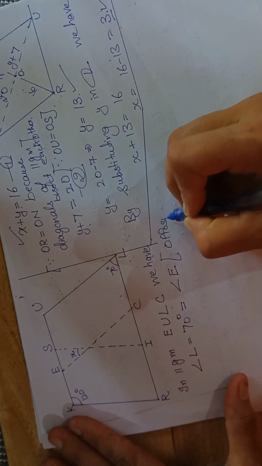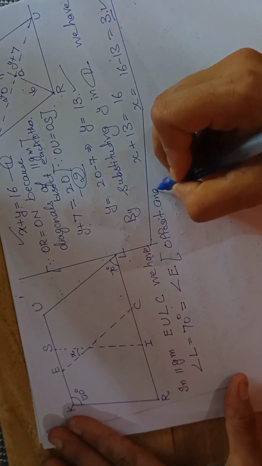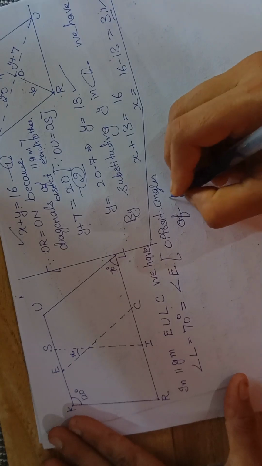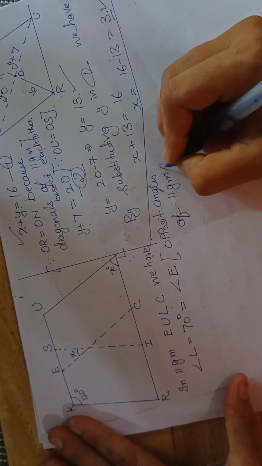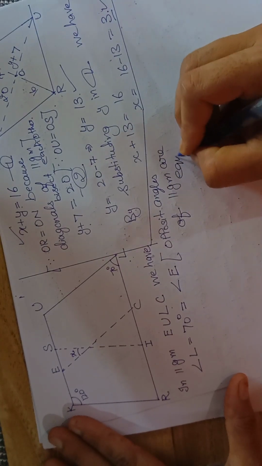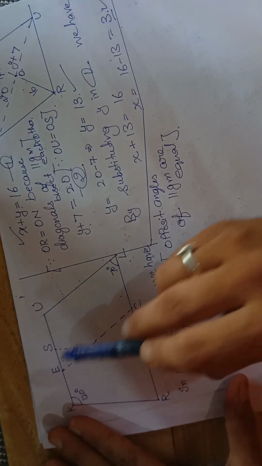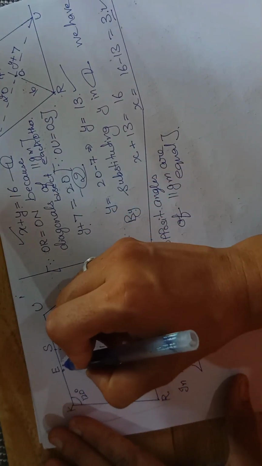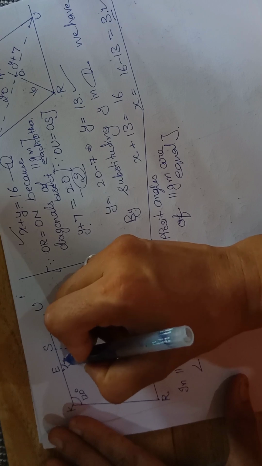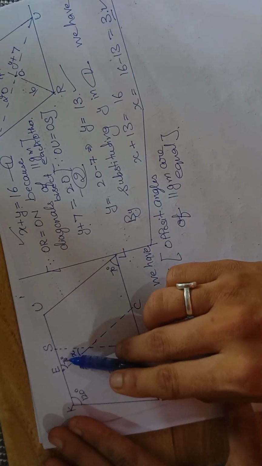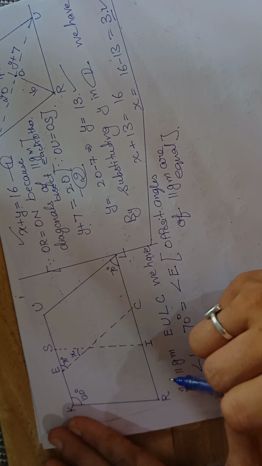Opposite angles of a parallelogram are equal. The opposite angles of a parallelogram are equal. So this is 70 degrees. If this is 70, this is 70, then this is 70 degrees.